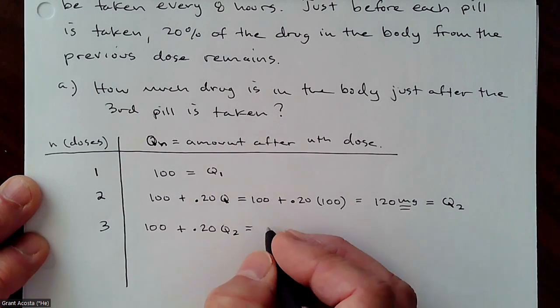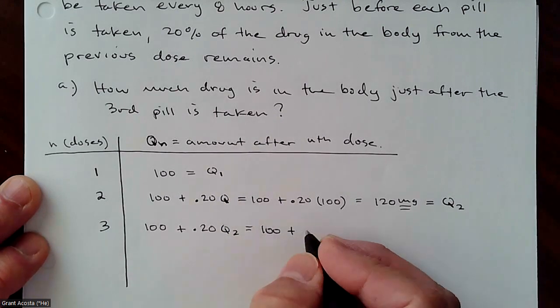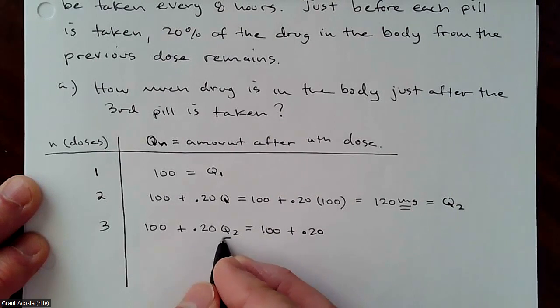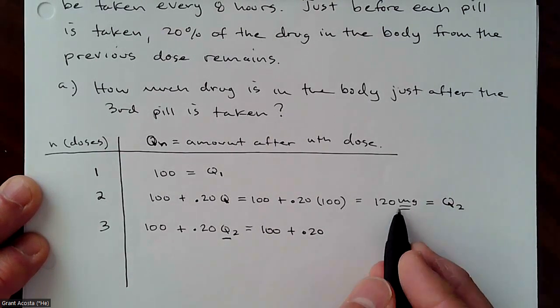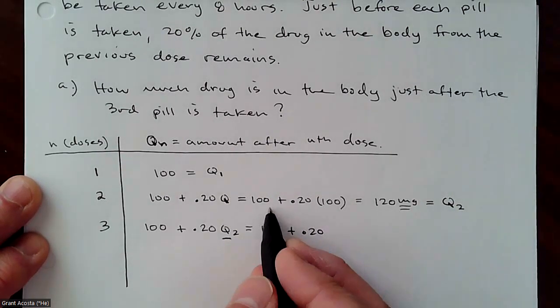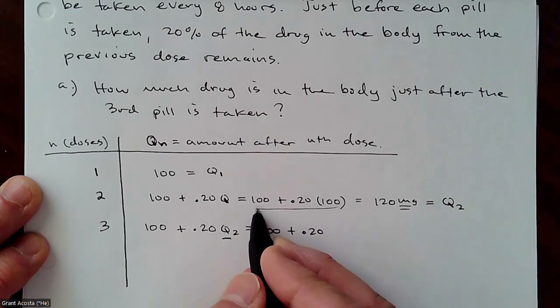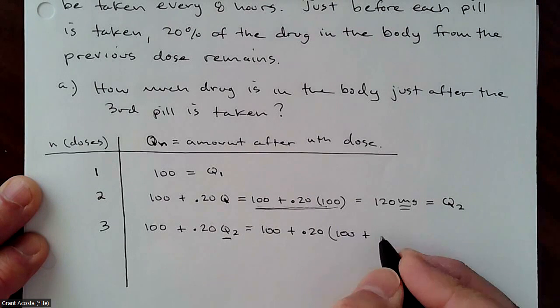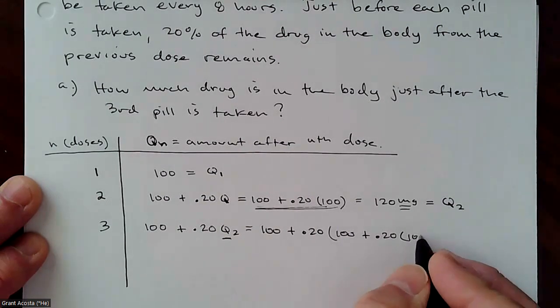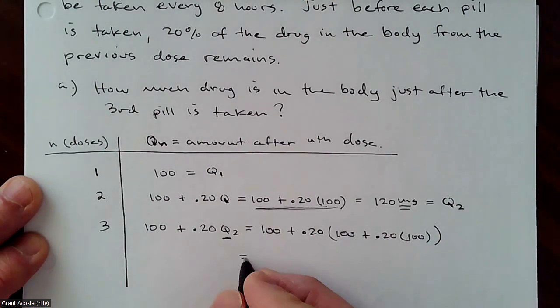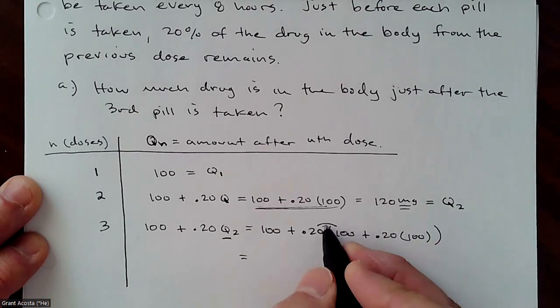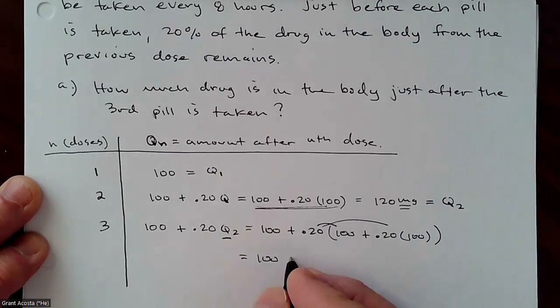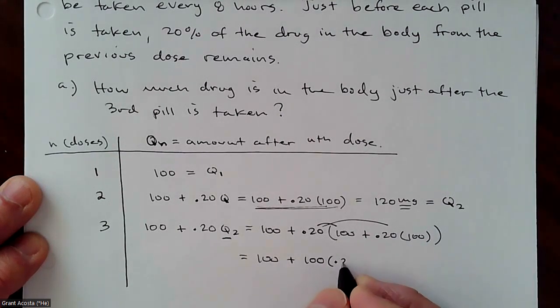But if we actually put in the numbers, plus 20% of Q2, Q2 we have as 120, but let's go back to how we got that answer, which was right here. So that was Q2. So if I put in 100 plus 0.2 times another 100 and distribute this, 100 plus, this is going to be 100 times 0.2.